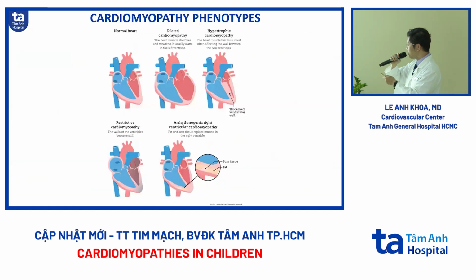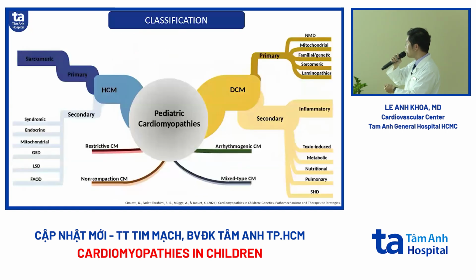We can see here that the 2 most common phenotypes of cardiomyopathies in children are HCM and DCM, with DCM being the most common. Then come restrictive cardiomyopathy, arrhythmogenic, non-compaction, and the mixed type.